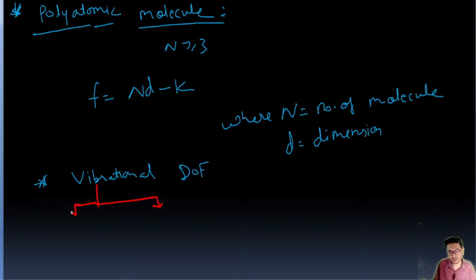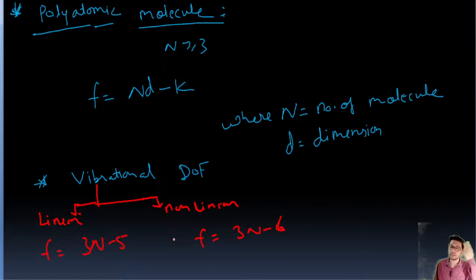Linear and non-linear. So for the linear, F is going to be 3n minus 5, vibrational degree of freedom, and for the non-linear, F is going to be 3n minus 6.